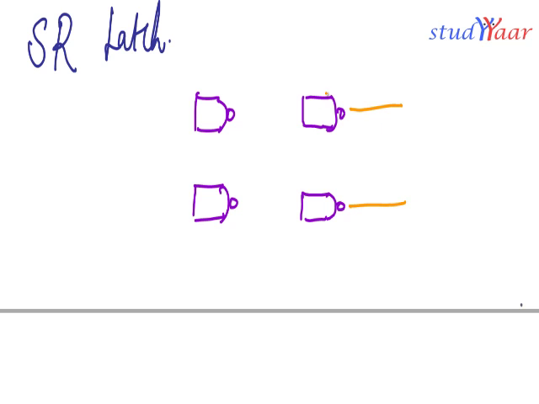you give this output to this gate, you give this output to this gate. And over here you provide the output as input to this, and you provide the output as input to this. And over here you have your 2 inputs.